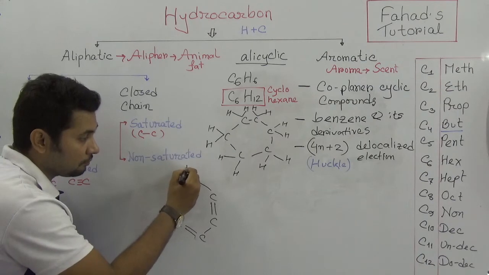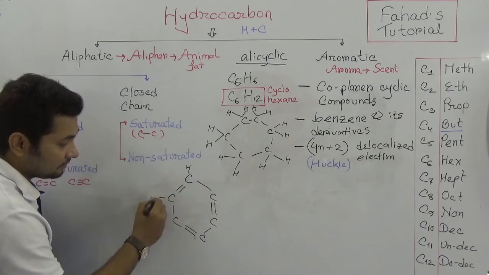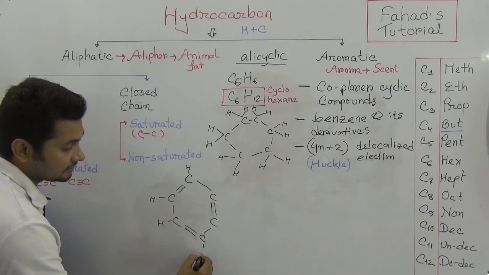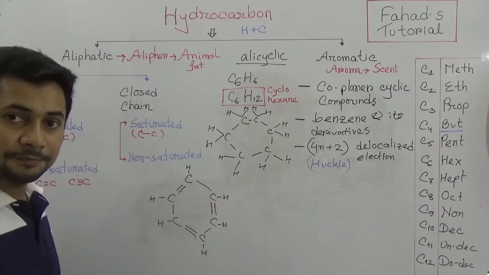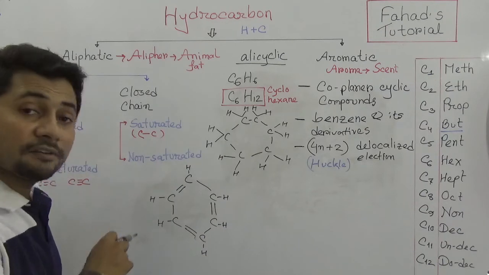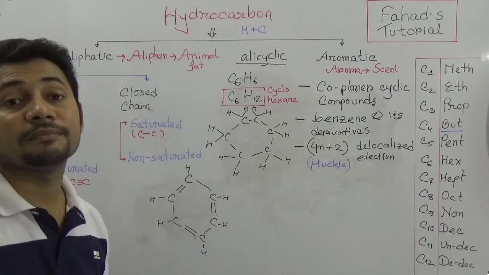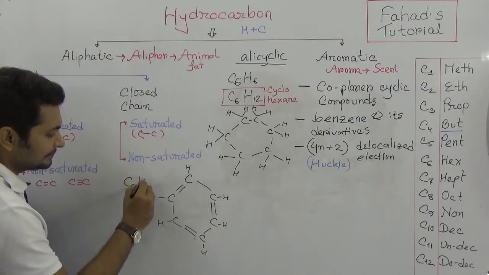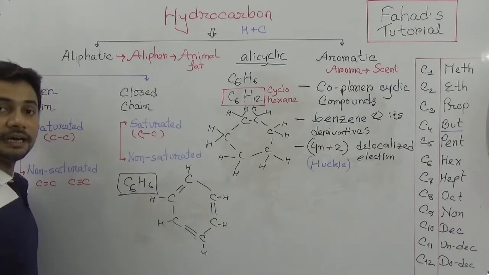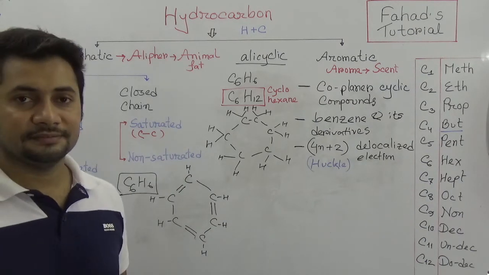So there should be one single hydrogen in each carbon. So according to this structure, we can see the number of carbon is 6, and also the number of associated hydrogen is also 6. So this is C6H6, and it's called benzene.